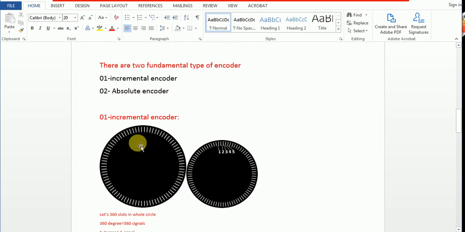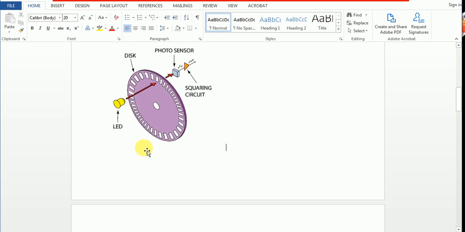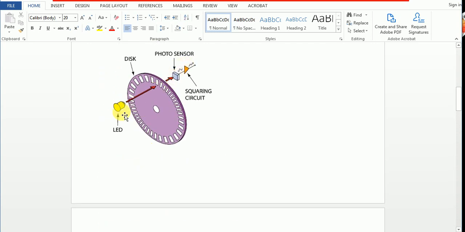You can see the incremental encoder. This is a disc, and this disc has some slots. Light will pass through the white slot, but will not pass through the black opaque part. There is an LED which will transmit light, and this is a receiver.